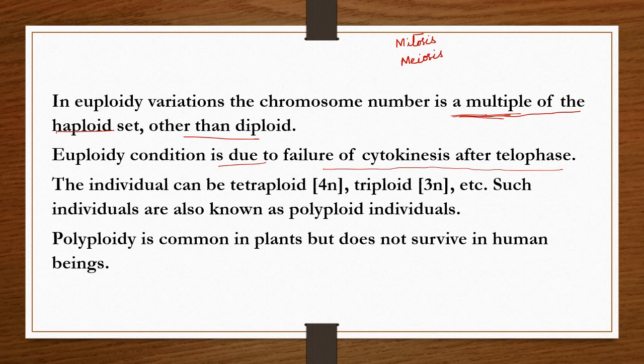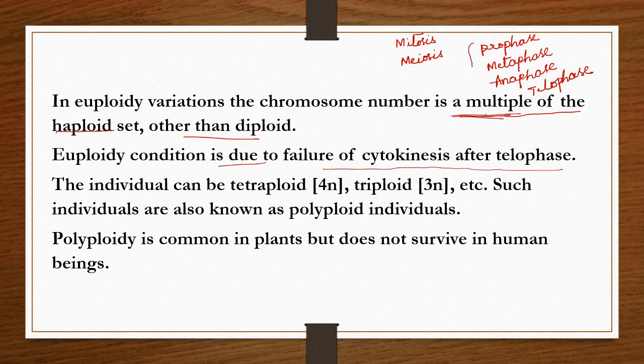There are different phases in cell division: prophase, metaphase, anaphase, and the fourth one, telophase.